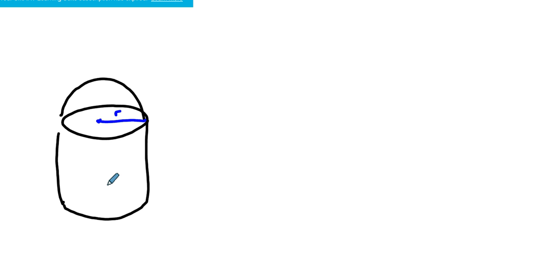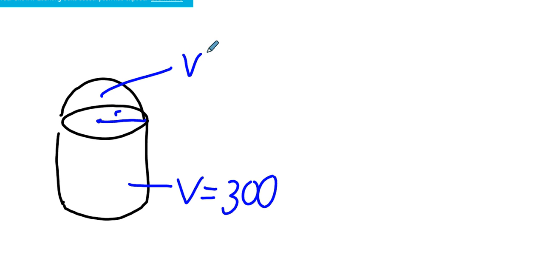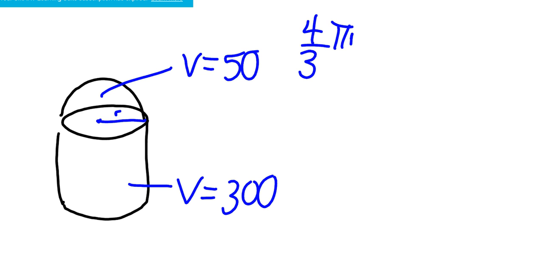So again, you might say, I want the volume of my bottom piece to be close to 300, and I want the top piece to be close to 50. That may or may not end up working. This one, be careful: it's 4 thirds pi r cubed, or 4 pi r cubed divided by 3, but then you also will need to divide by 2. So you need to play around a bit.